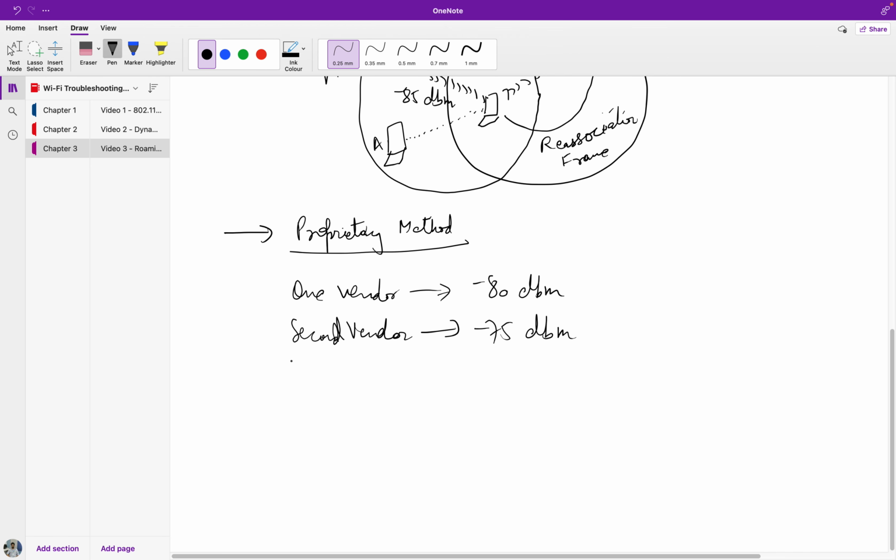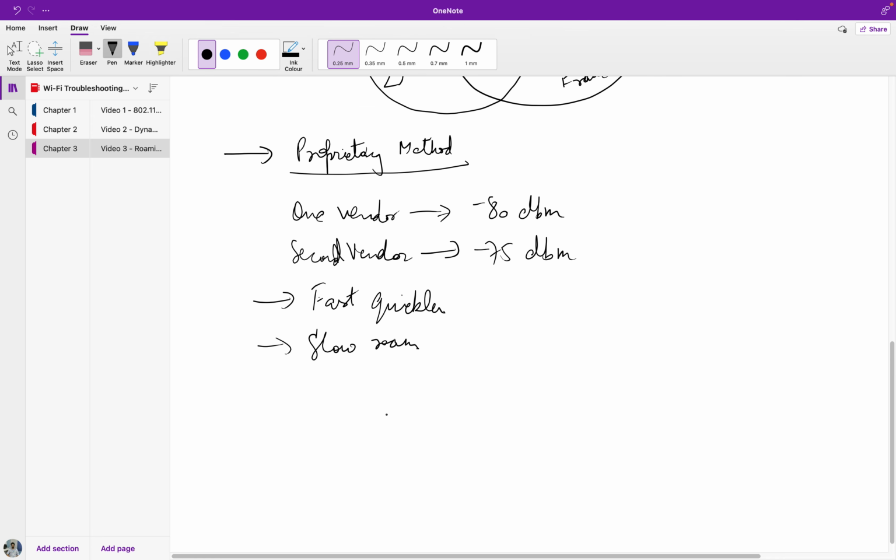Some vendors encourage fast roaming, they want their clients to roam quickly, at a lower level. Some vendors want a slow roam, they don't want the clients to roam that fast. They want to make sure the value really reduces, and only then should they roam. It all depends on the preference of the vendor, right?